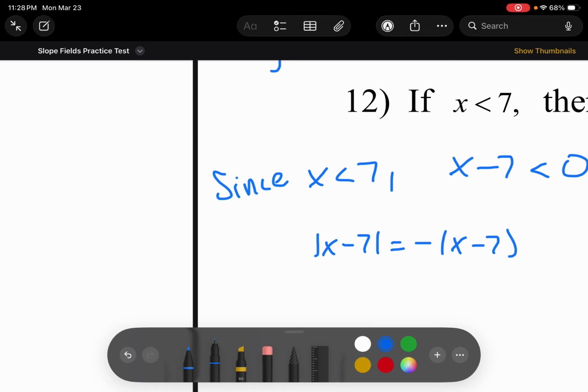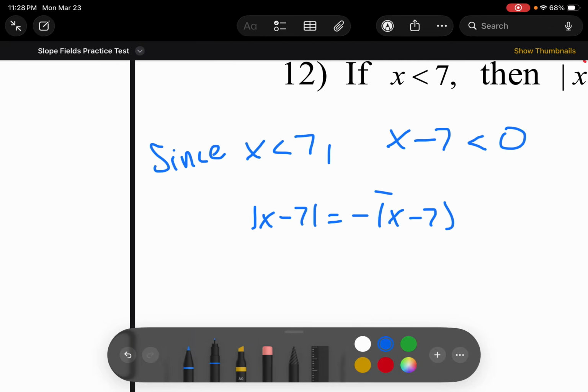Oh, okay, I get it. So basically, since the absolute value of x minus 7 and your x minus 7 must be less than 0, your answer must come out positive-ish, I suppose, since we're dealing with this negative here.